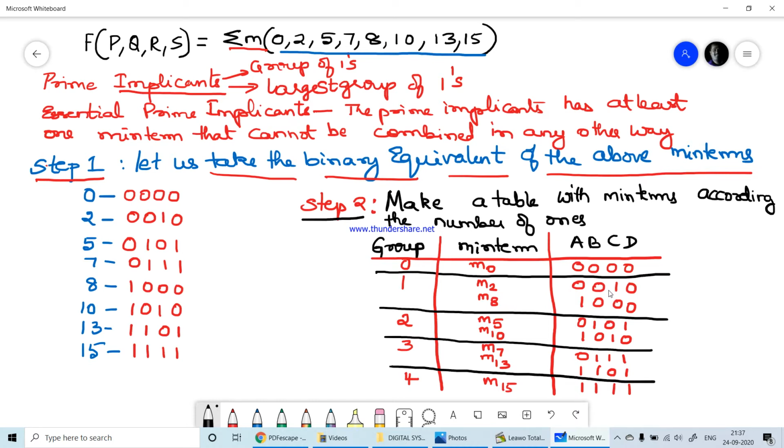Then M5 and M10 have two 1s, and we group them as group 2. Then group 3 has three ones in the binary sequence, and group 4 has all ones. Now let us go to step 3.